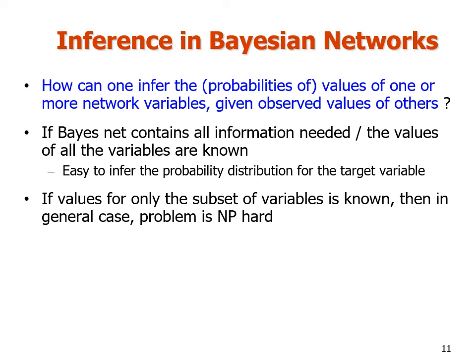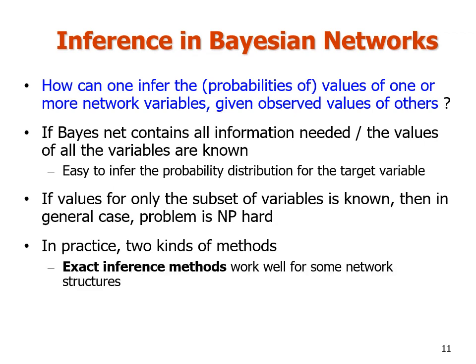But if the values for only a subset of variables are known, then in the general case the problem is NP-hard. Numerous methods have been proposed for probabilistic inference in Bayes nets. These methods include exact inference methods and approximate inference methods.